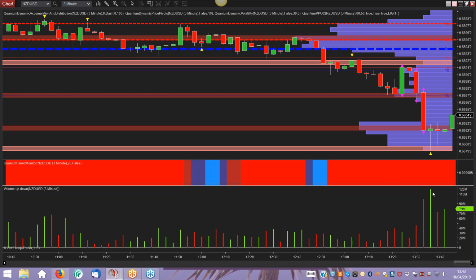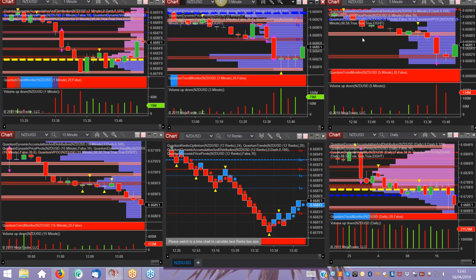Well, in that case, it can't be selling. It has to be buying. So the majority of the price action in here is buying, and therefore you expect a bounce, which is what we're seeing at the moment.